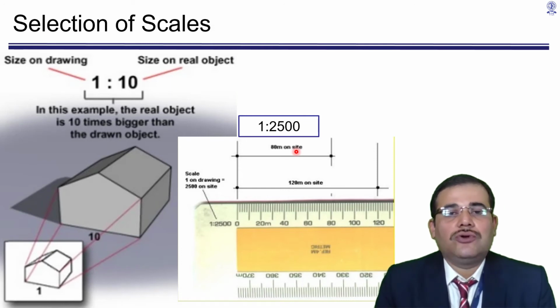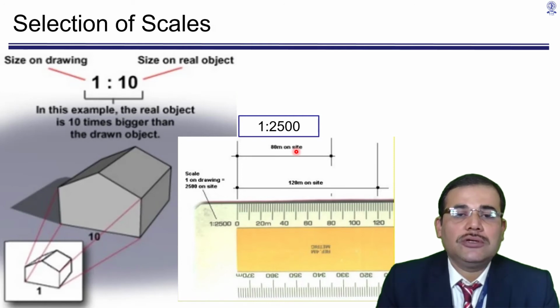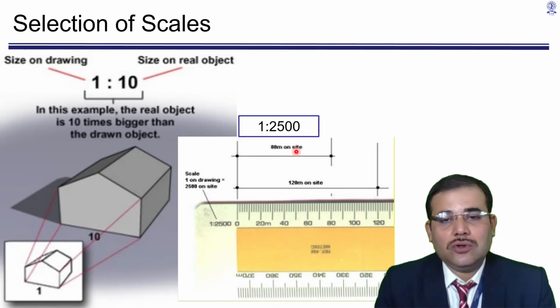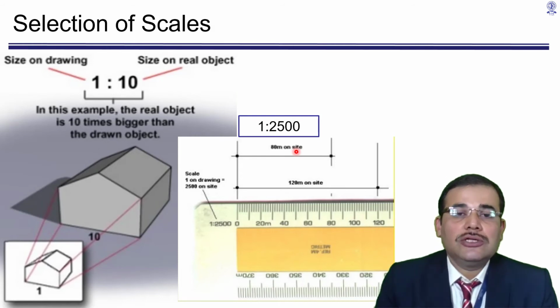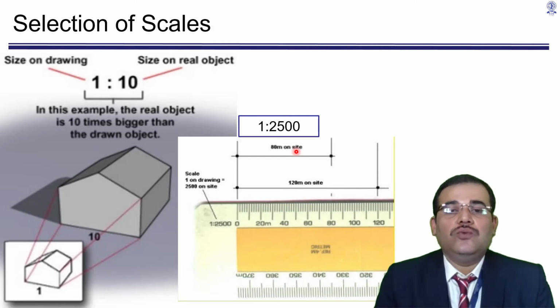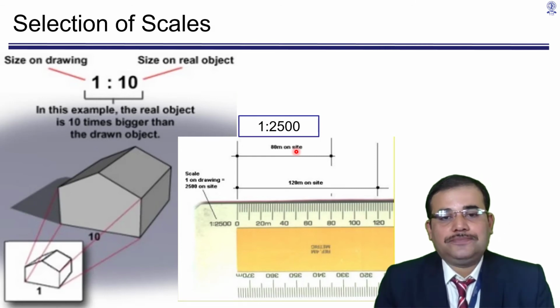So these submission drawings have specific or predefined scales, normally termed as standard scales: 1:25, 1:50, 1:100, 1:500, 1:1000, 1:5000. These are some standard scales which are mostly implemented.